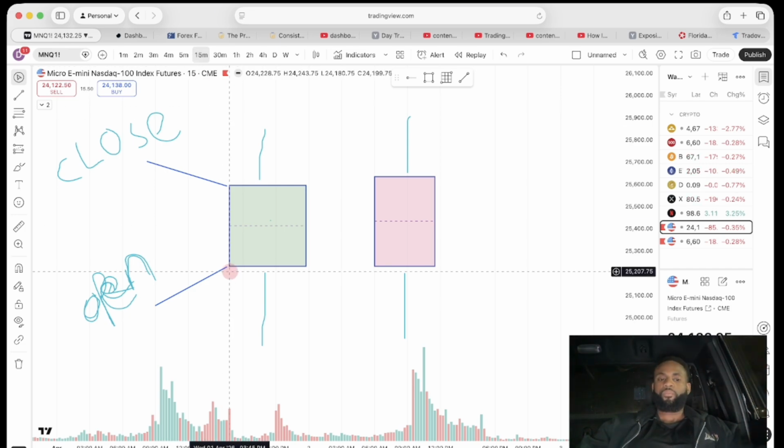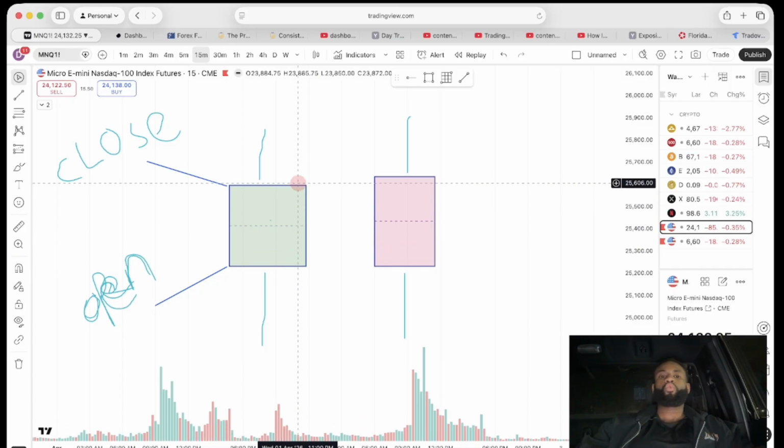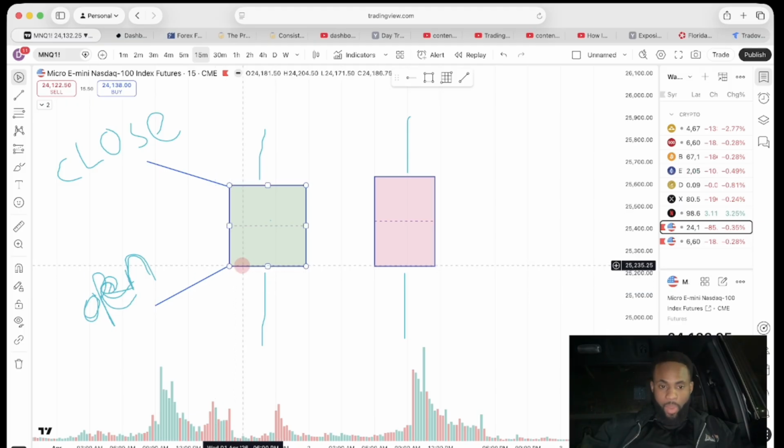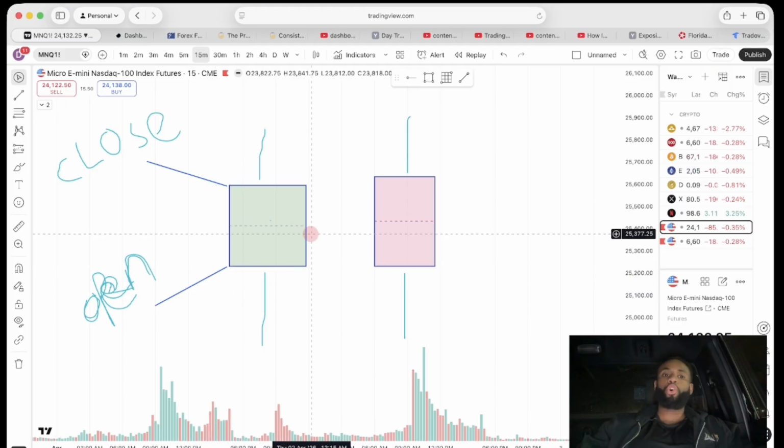All right? This is where we opened, at the bottom of the body of the candle. And this is where we closed, at the top of the body of the candle. Remember, this is an up candle. We are going up. So we open at the bottom and we close at the top because this is an up candle.